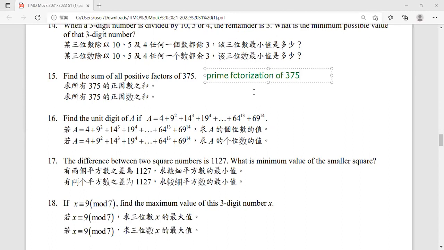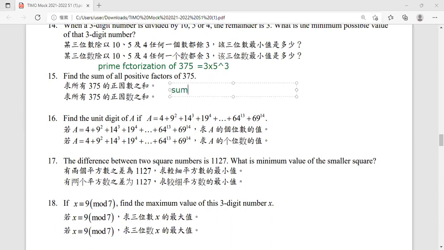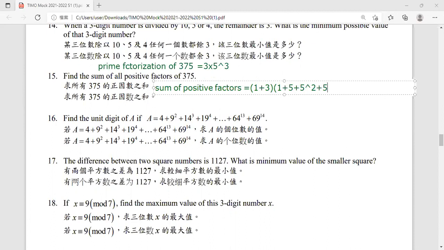Now the sum will be equal to what? 1 plus 3, times 1 plus 5 plus 5 squared plus 5 cubed.